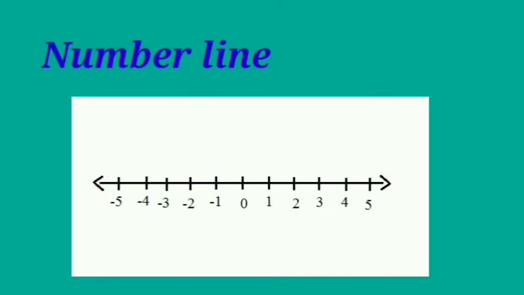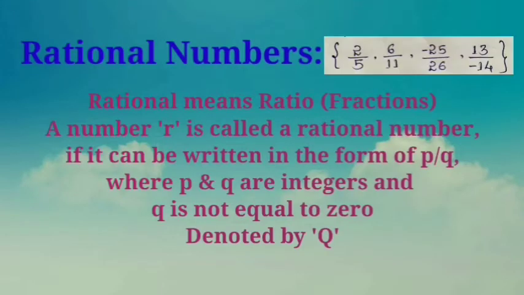Now the concept comes: rational numbers. Rational means ratio. Already we know that as fractions. A number r, you can take anything, is called a rational number if it can be written in the form p by q, where p and q are integers and q is not equal to 0.